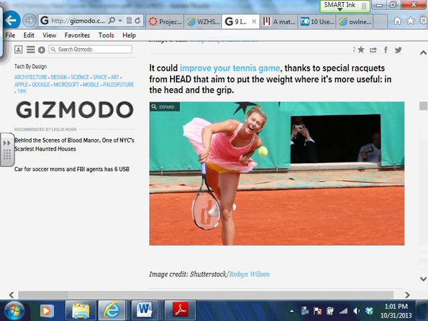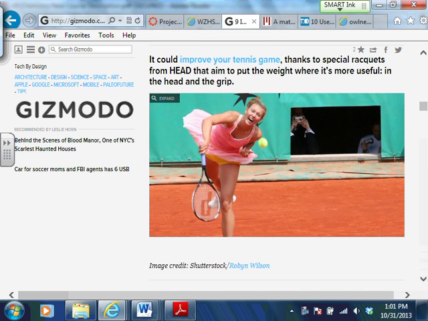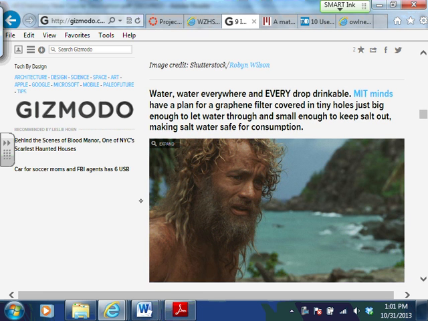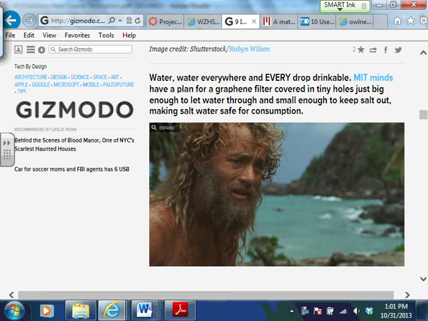Could improve your tennis game, putting the weight where it's more useful in the head and in the grip. Really, with a lot of design type, engineering type stuff, you can build these things kind of from the ground up, because you're building one sheet at a time. So you can decide how much of it you want to put into a structure, where you want to put it, and it can make things a lot stronger and heavier where they need to be and lighter where they need to be.